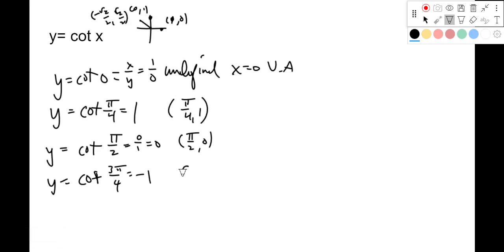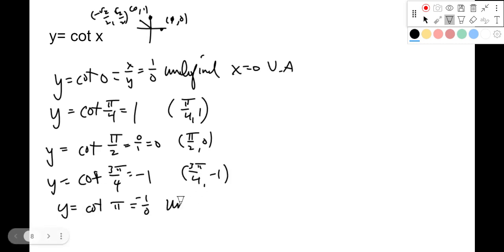So my value is going to be negative 1 there. So we got 3 pi over 4, negative 1. And then the cotangent of pi is again going to be negative 1 over 0, which is undefined. And there's going to be another vertical asymptote there on x equals pi.